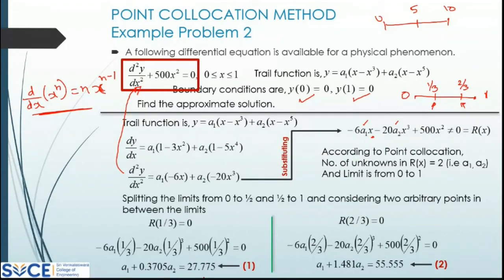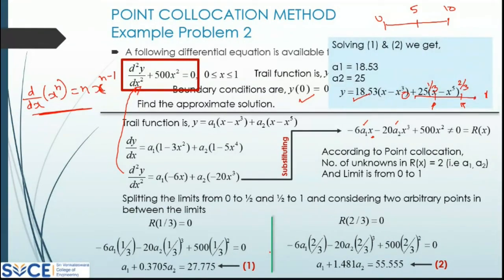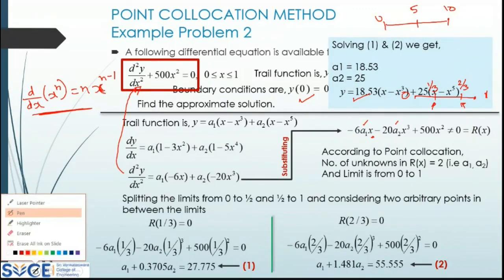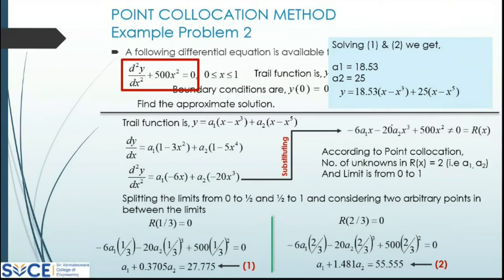Solve these two, and you will get the values of a1 and a2. Substitute them in your trial function. This is my answer.